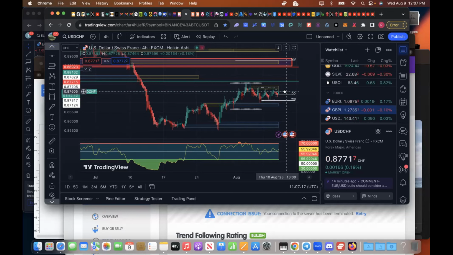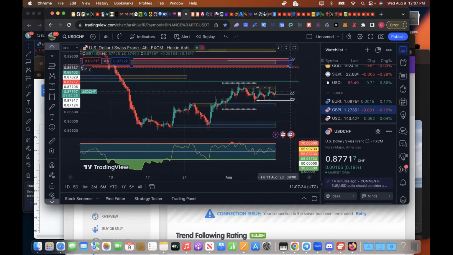But above 0.88200, to sell at 0.8888 and 0.89004.